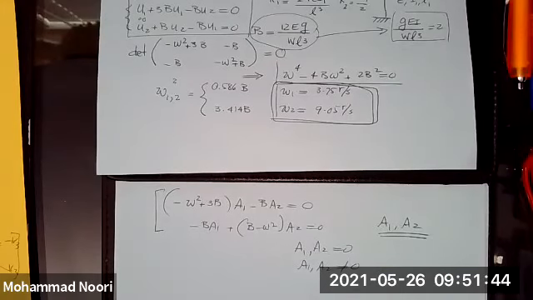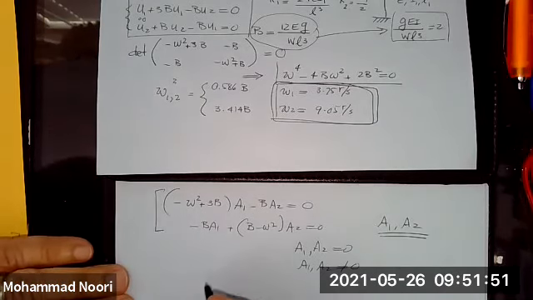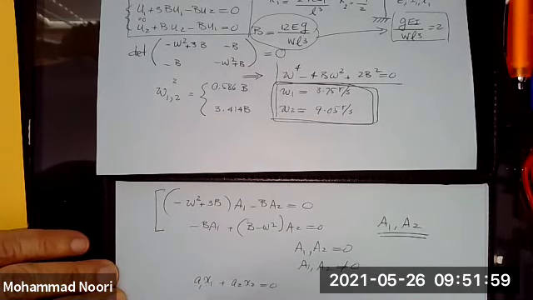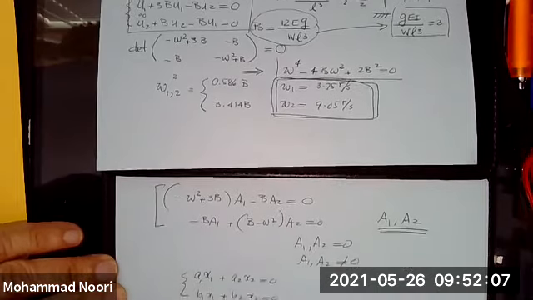I remember from calculus, when you have a homogeneous set of equations, if I go back, something like this: a1x1 plus a2x2 is equal to 0, b1x1 plus b2x2 is equal to 0.